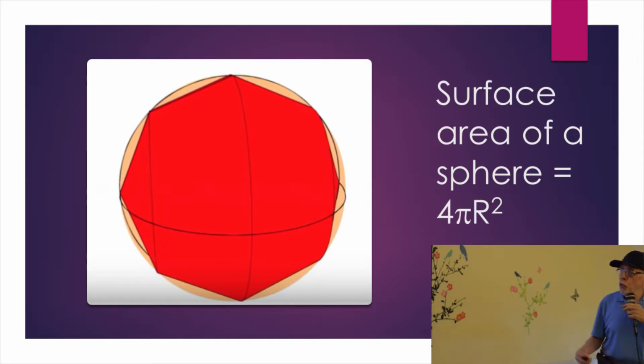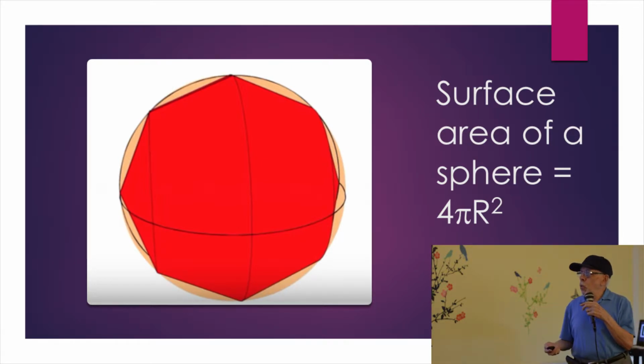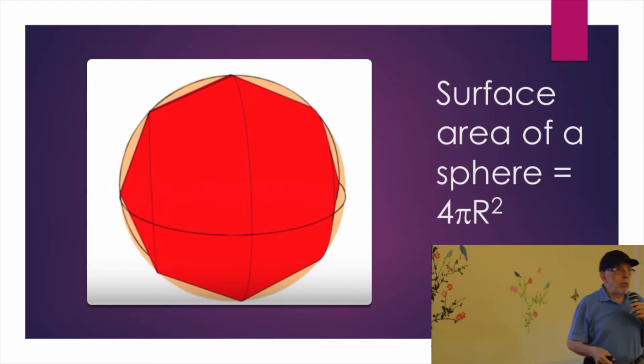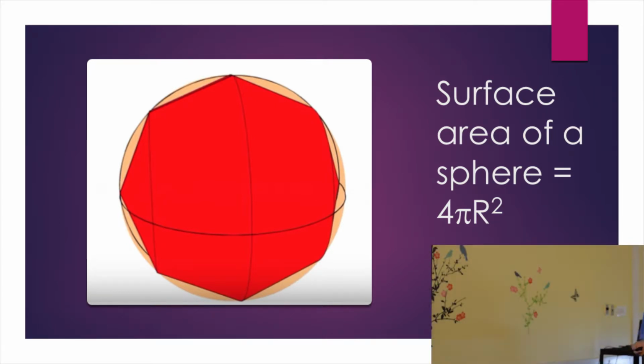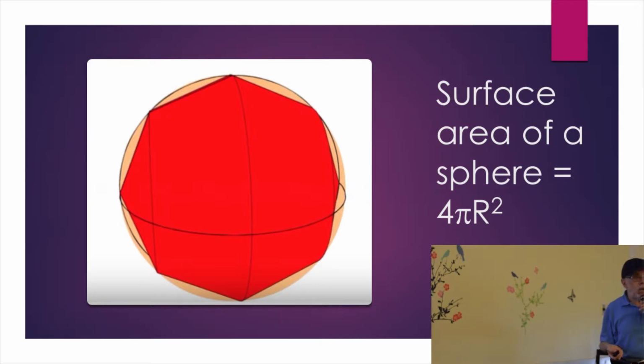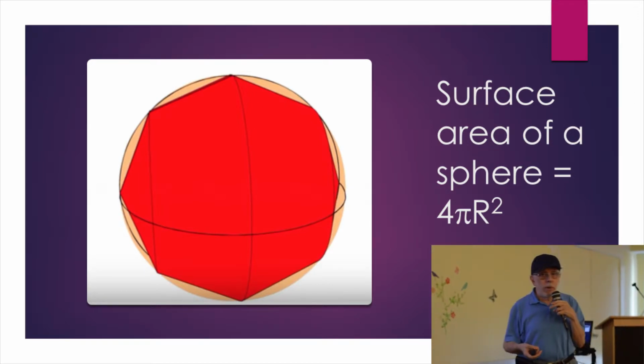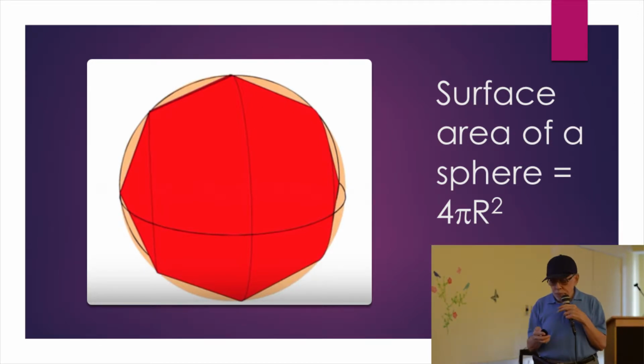And if you do that with smaller and smaller rectangles and triangles, you approach, you never quite reach, but you approach the surface area, which is one way you can derive the formula for the surface area of a sphere, which is 4 pi r squared. Okay?